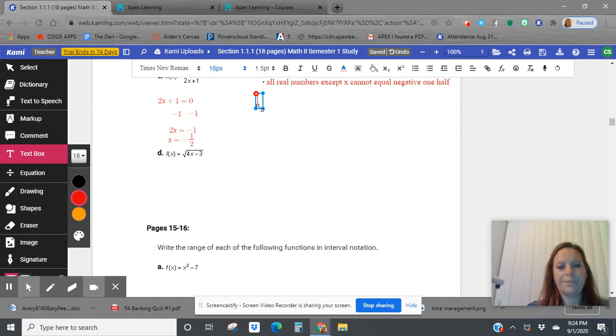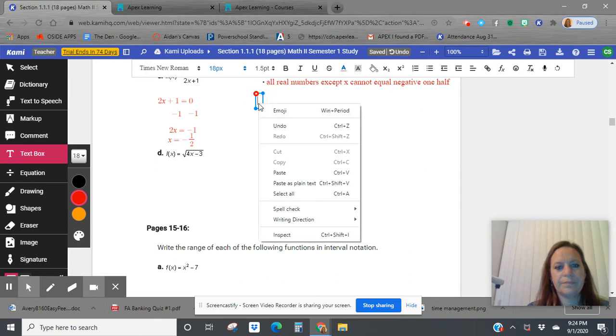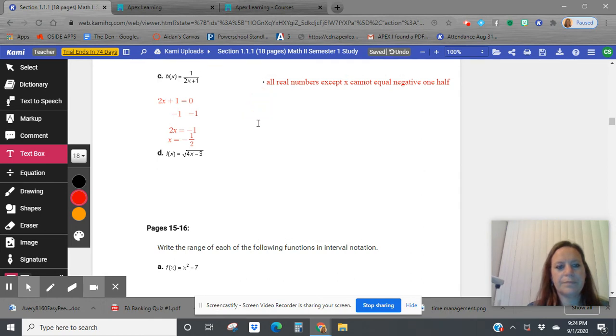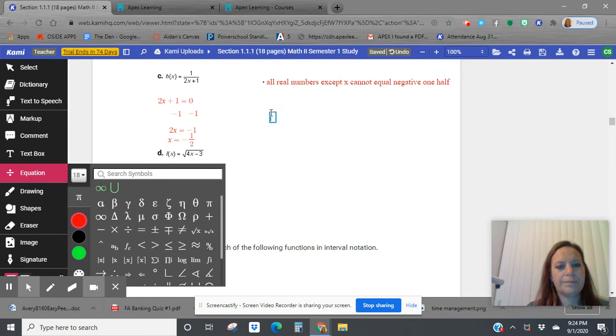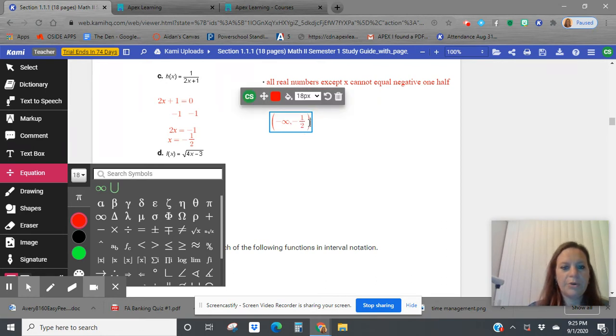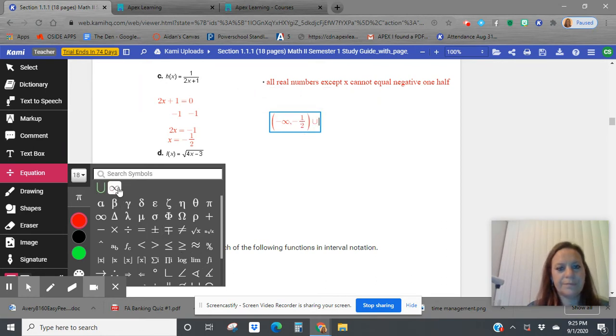I'm going to go into my equation and say negative infinity up to negative 1/2, U for union, negative 1/2 also not included since it can't be equal to that, to infinity.